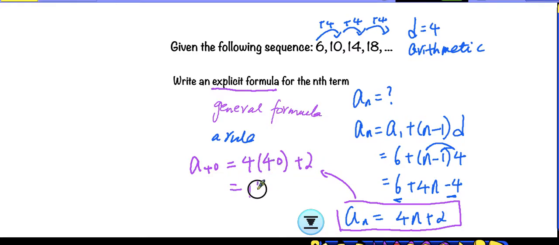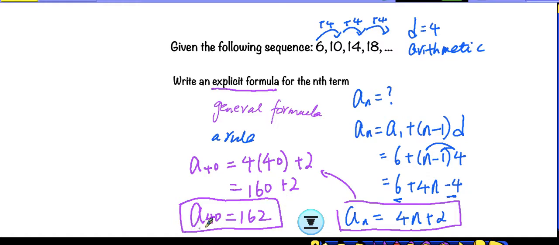So this is 160 plus 2. So that means A40, we don't need to keep adding 4 until we get the final answer. I can just use this formula to tell me any term in the future, especially for the very big terms. It's very easy to use. Okay, so that's one example I want to share with you.